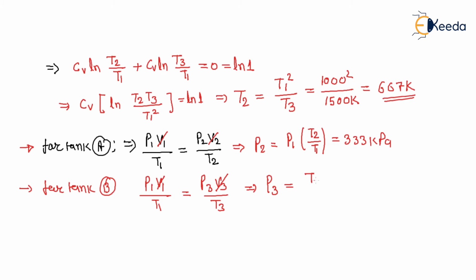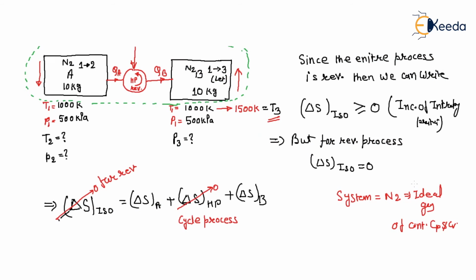It is T3 by T1 into P1. So you have P1, you have T3, 1500 Kelvin, you have T1. So this is 750 kilopascal, right? So it is high temperature, high pressure, right?